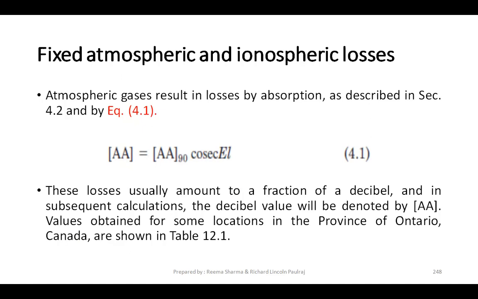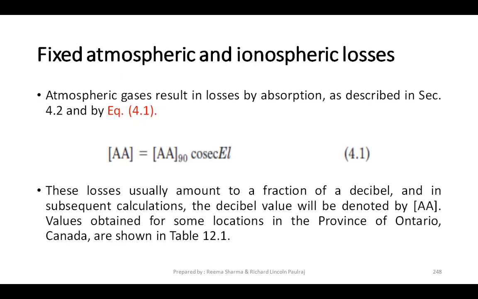So we'll be looking at fixed atmospheric and ionospheric losses. There can be losses because of the atmosphere as well, and that is given by AA90 cosec EL, where EL is your angle of elevation. These losses usually amount to a fraction of a decibel, and in subsequent calculations the decibel value will be denoted by AA in square brackets.